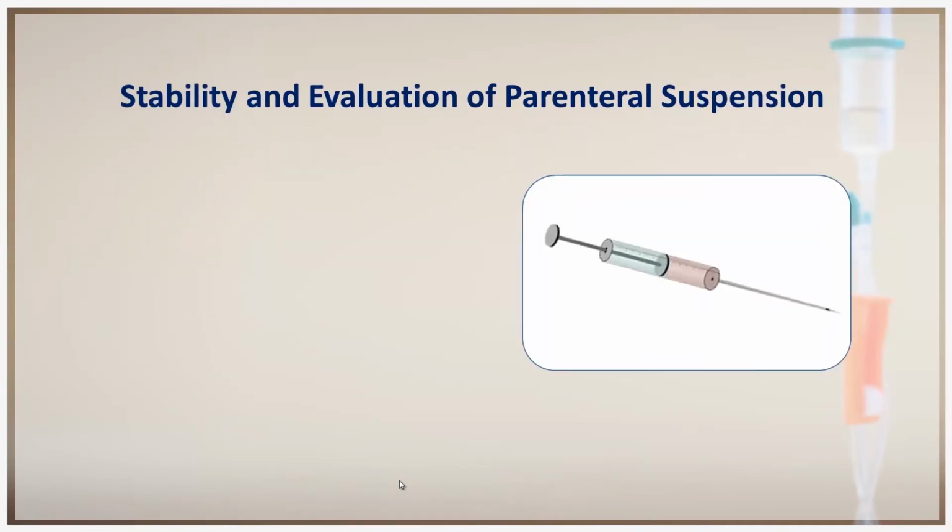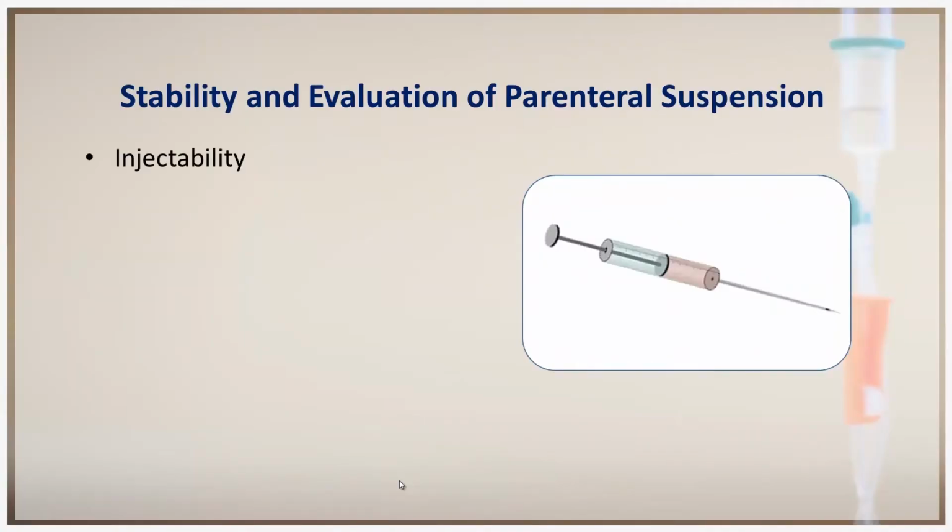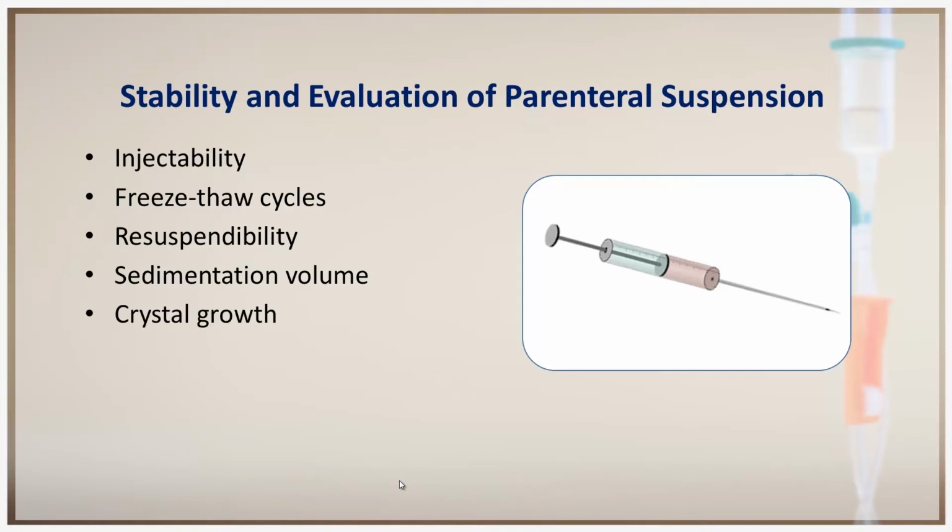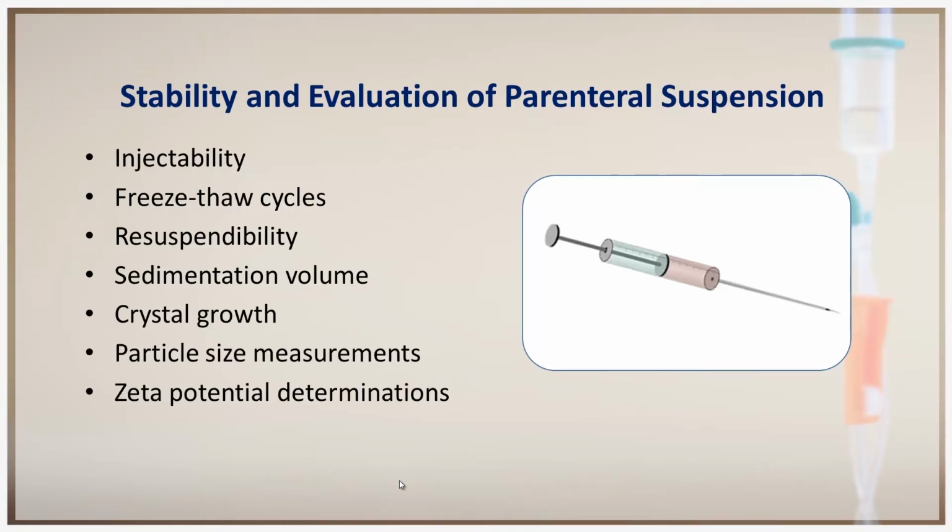Now, moving to the stability and evaluation of parenteral suspension. So, these are the parameters which are important to evaluate. These include injectability, freeze thaw cycles, resuspendability, sedimentation volume, crystal growth, particle size measurement, zeta potential and viscosity of suspension.